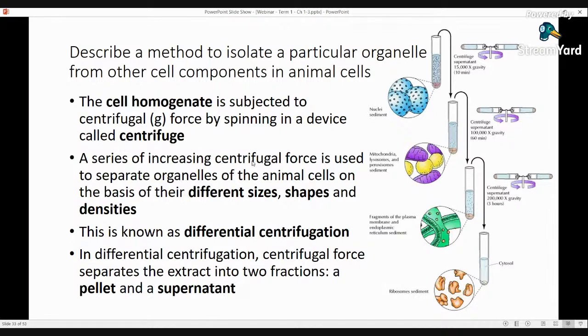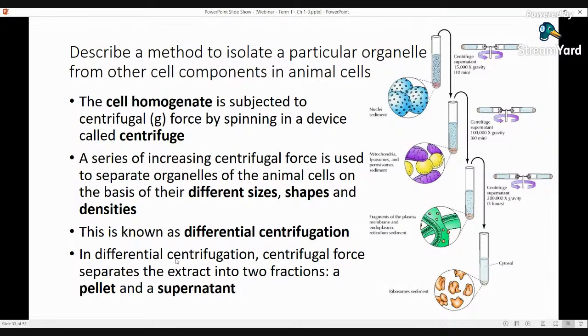A series of increasing centrifugal forces is used to separate organelles of the animal cells on the basis of their different sizes, shapes, and densities. Remember, students, centrifugation separates the cellular components according to sizes, shapes, and densities. This is known as differential centrifugation.